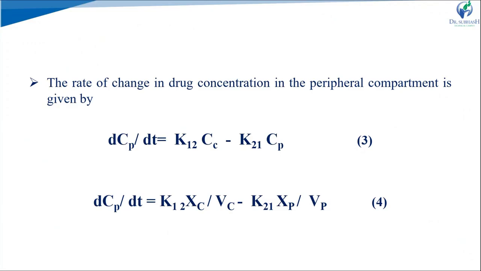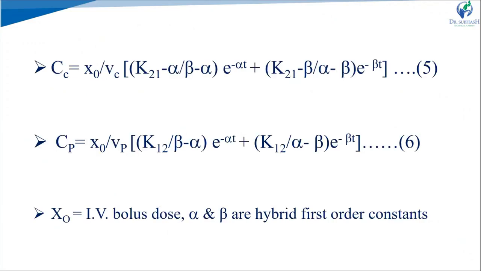Now we integrate both equations for the central and peripheral compartments. The equation becomes, for Cc, X0 upon Vc times K21 minus alpha divided by beta minus alpha, e raised to minus alpha t, plus K21 minus beta upon alpha minus beta, e raised to minus beta t. These exponential forms are the integrated equation for the central compartment.